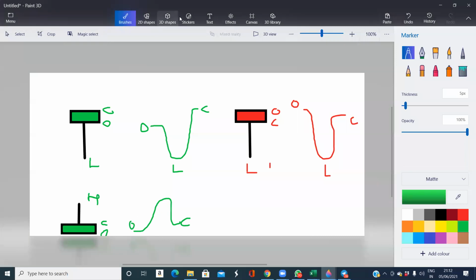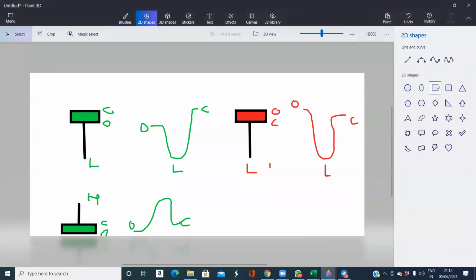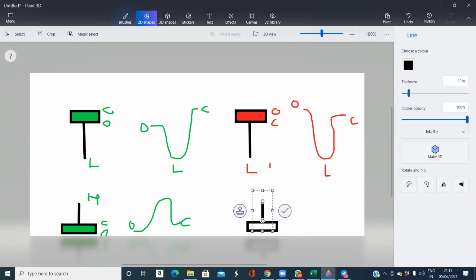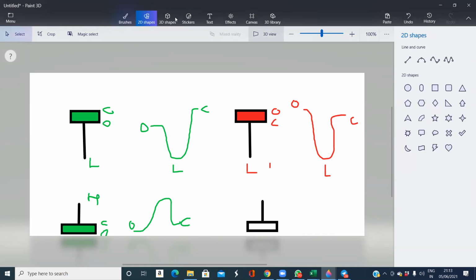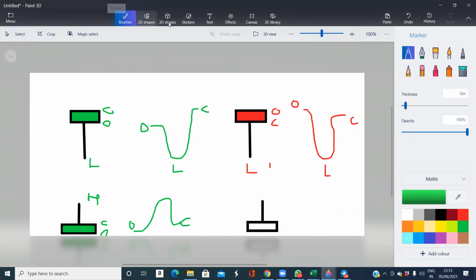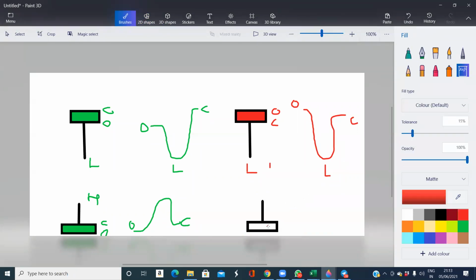Another hammer is the red hammer. This is the red hammer. This is the red hammer. So what is happening here?